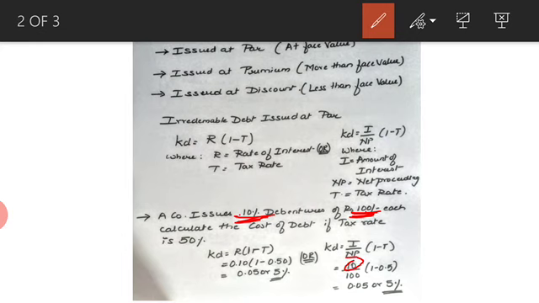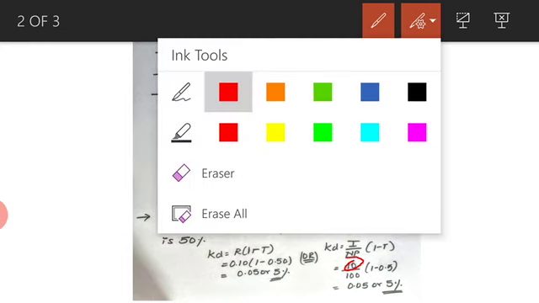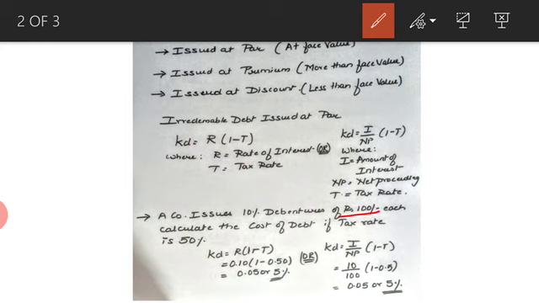So interest is 10. Net proceedings is how much amount are we going to collect from this debenture? We are going to collect 100 rupees. So net proceedings becomes 100 rupees, and tax rate is 50%, so 0.5. If you simplify this equation, 1 minus 0.5 is 0.5. 10 divided by 100 is 0.1.